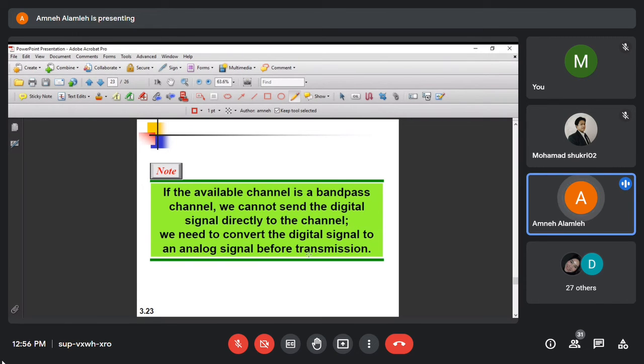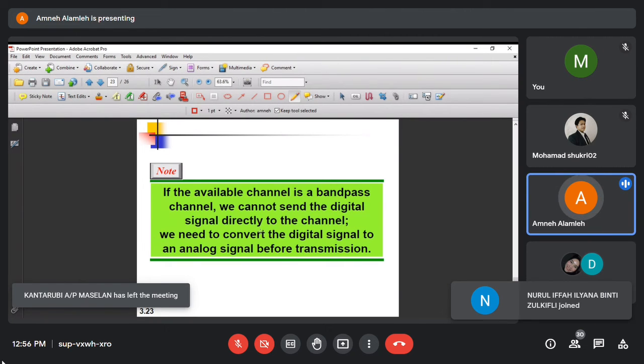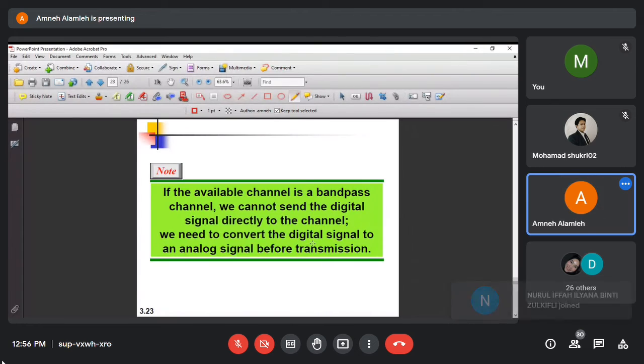The low pass can transfer frequencies that are very near to zero, but the band pass, no. We have two frequencies and not zero. If the available channel is a band pass channel, we cannot send the digital signal directly to the channel. We need to convert the digital signal to analog signal.